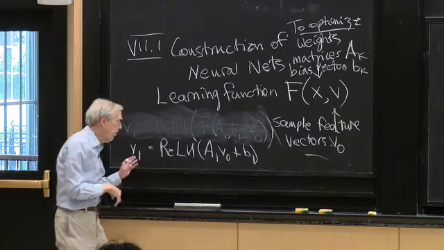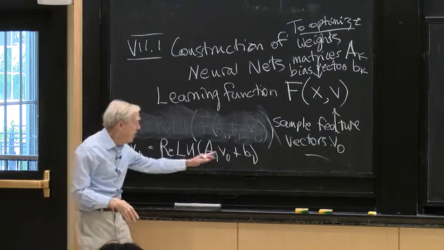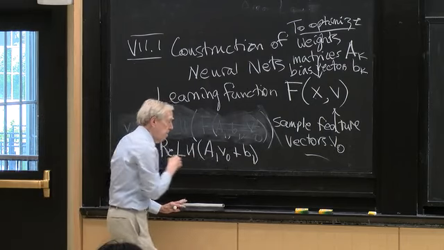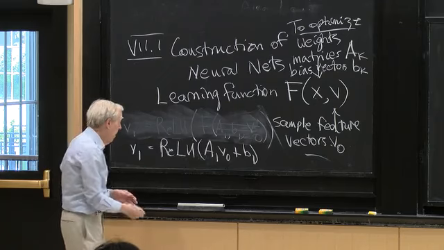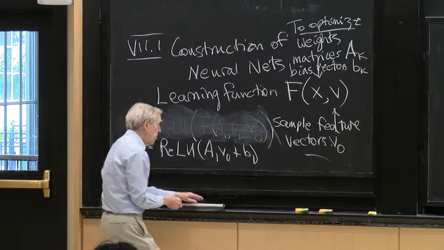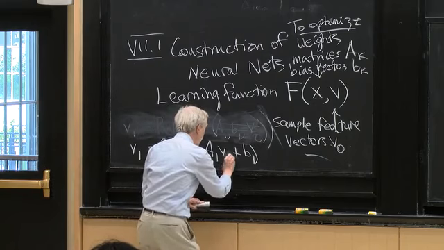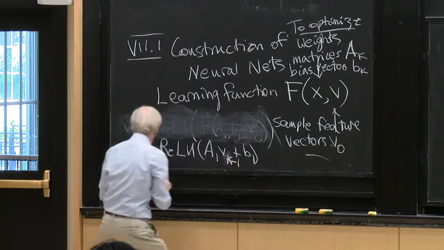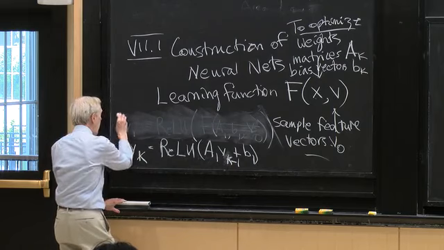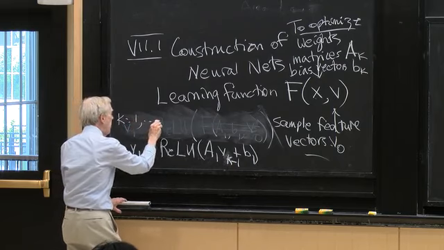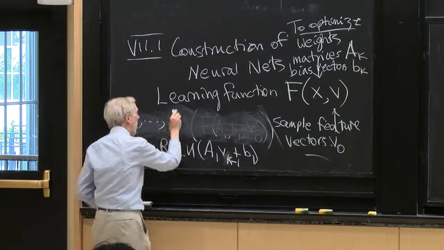So that produces V1 from V0 and the first weights. And then the next level inputs V1, so I'll just call this VK minus 1, and I'll call this one VK. Okay, so K equal to 1 up to however many layers you are, L layers.